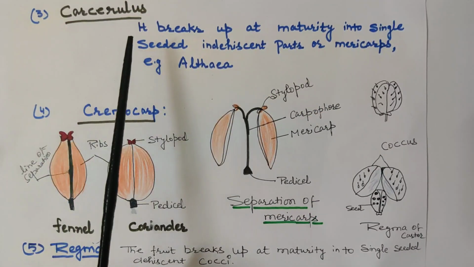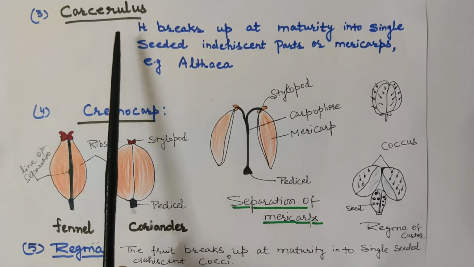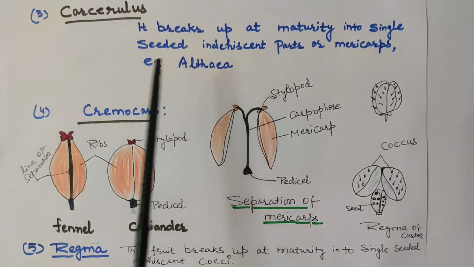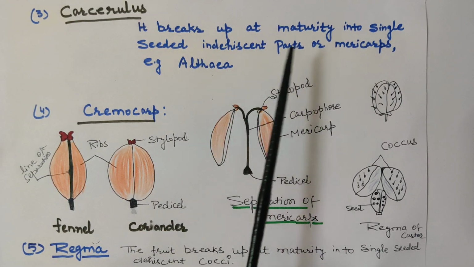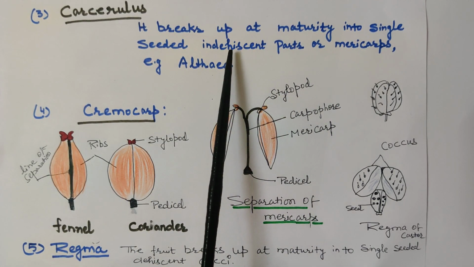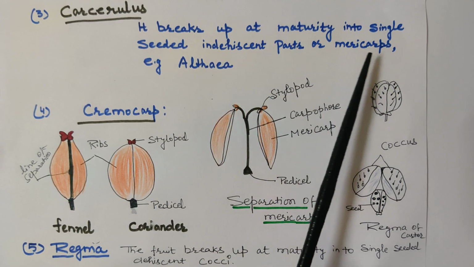Carcerulus is another type of schizocarpic fruit. Carcerulus breaks up at maturity into single-seeded indehiscent parts. That means the main fruit splits into parts, but those parts are not going to rupture on their own to release their seeds, and those parts are called mericarp.